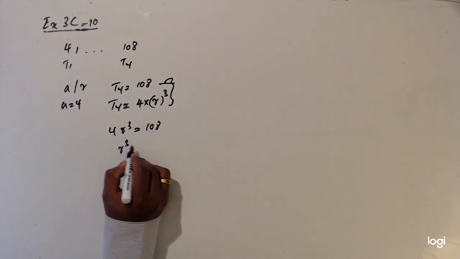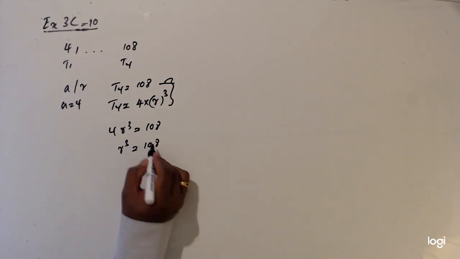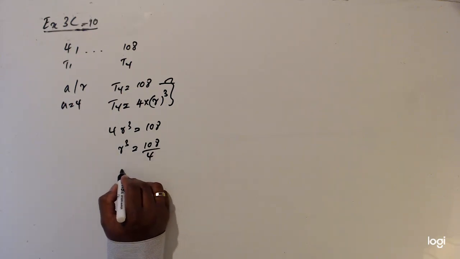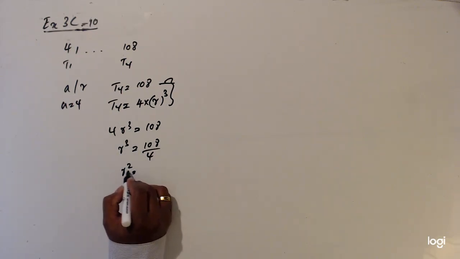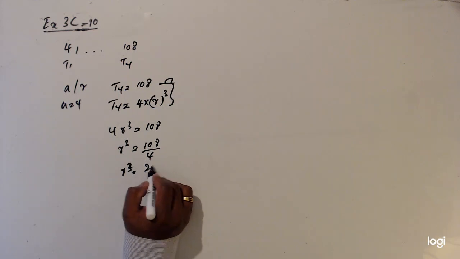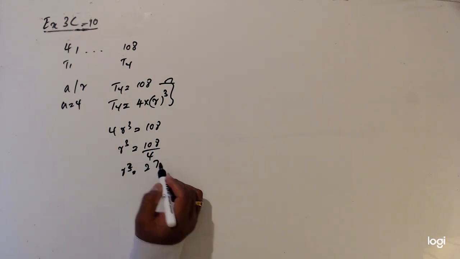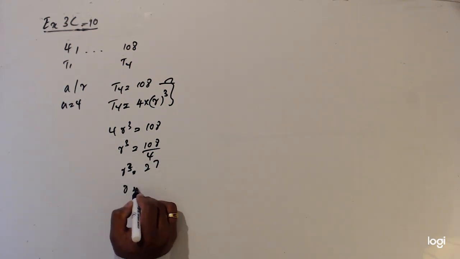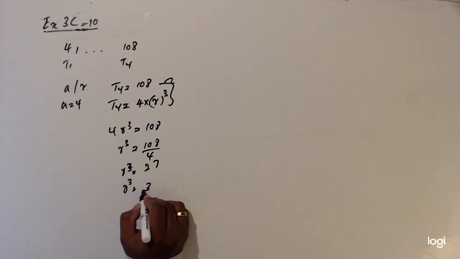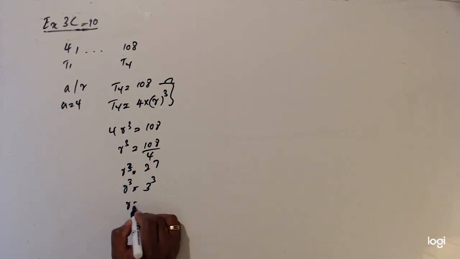So r cubed is 108 divided by 4, that is r cubed is 27. So this is 3 to the power 3. So r equals 3.